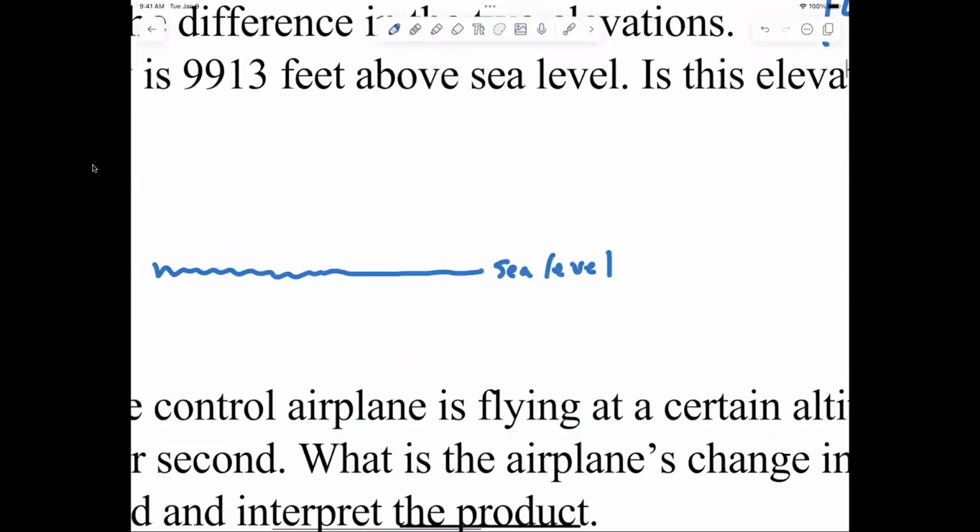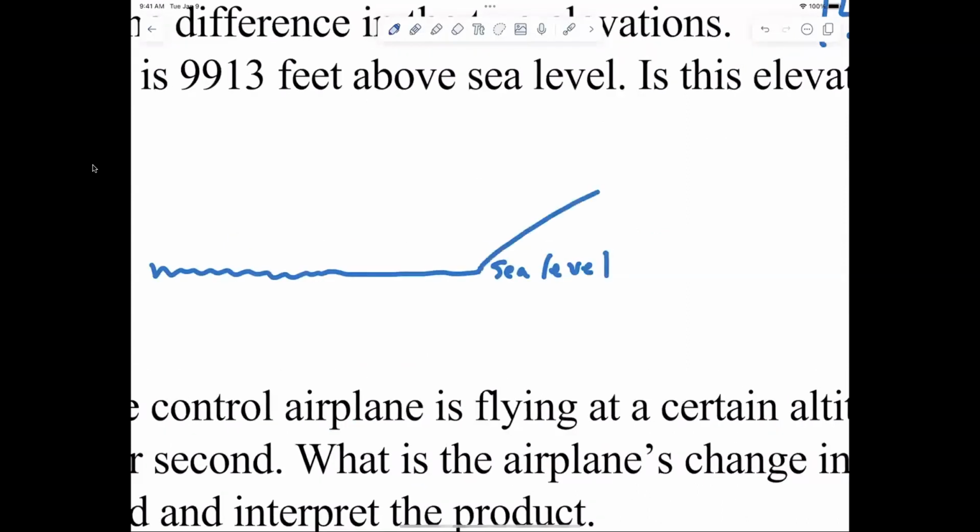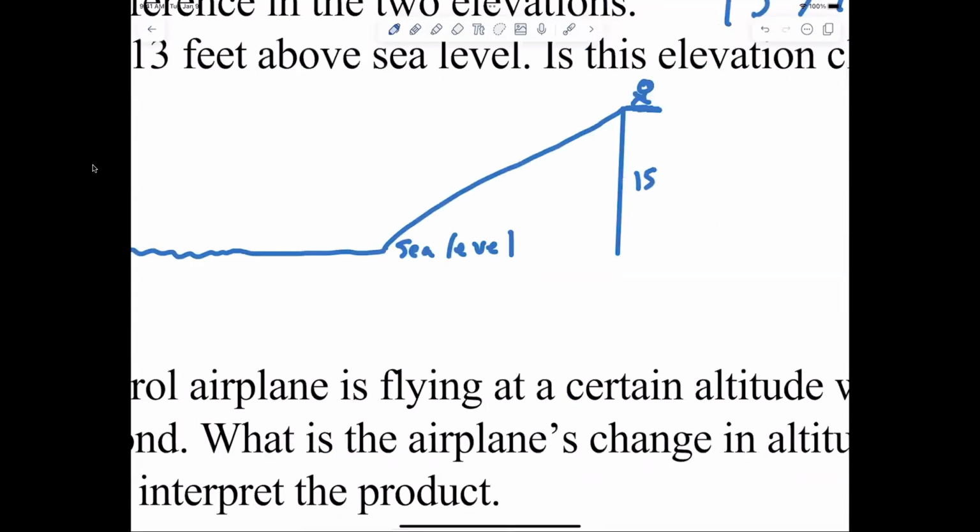And then you're going to go up a mountain and get to the top. How high up is this mountaintop where you're standing? 15,910 feet. So this from sea level is 15,910 feet.